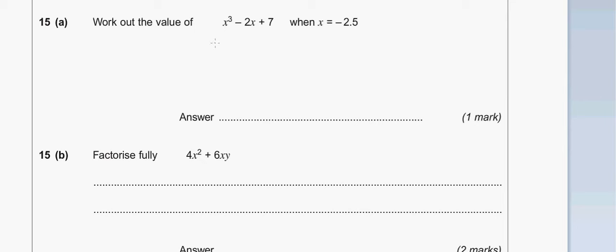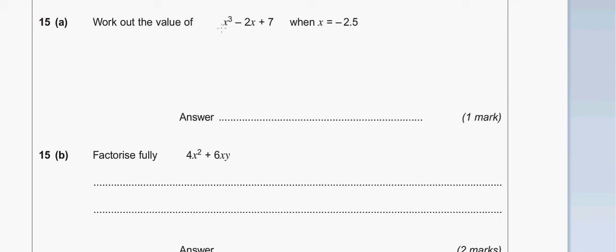Okay, so work out the value of x cubed minus 2x plus 7 when x equals minus 2.5. So all we've got to do is substitute in the values.